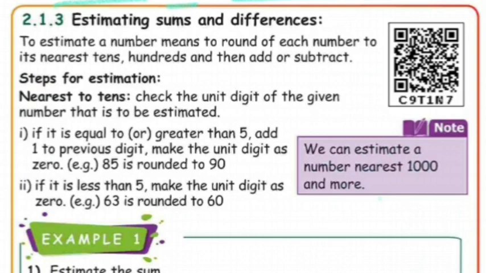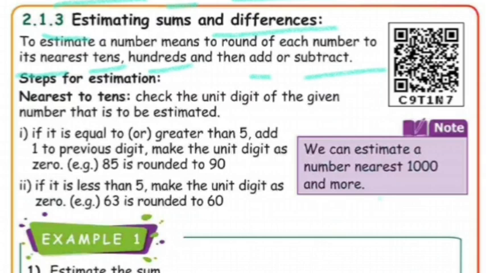So let's follow. To estimate a number means to round off each number to its nearest tens and hundreds. We have to round off to the nearest hundreds or tens. Then we have to add or subtract, depending on your sum.